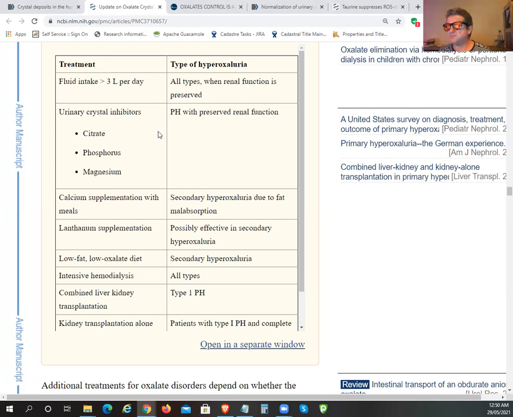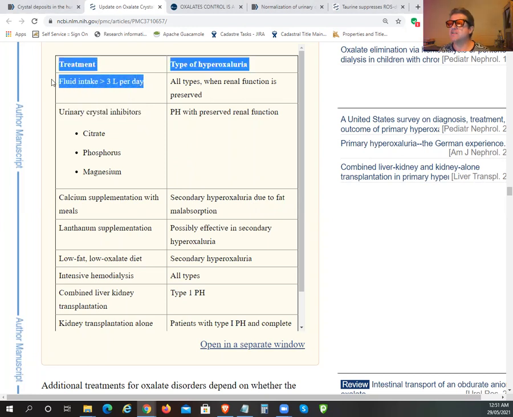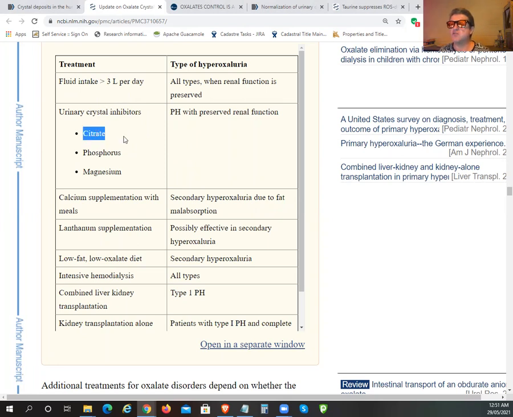But what are the inhibitors? Urinary crystal inhibitors. This is the stuff we need to focus on. This is supposed to help flush out. Well, let's be honest, if you're basically inhibiting, you probably won't get a lot of this sort of stuff in your system. You won't have to flush as much. The key thing is citrate.